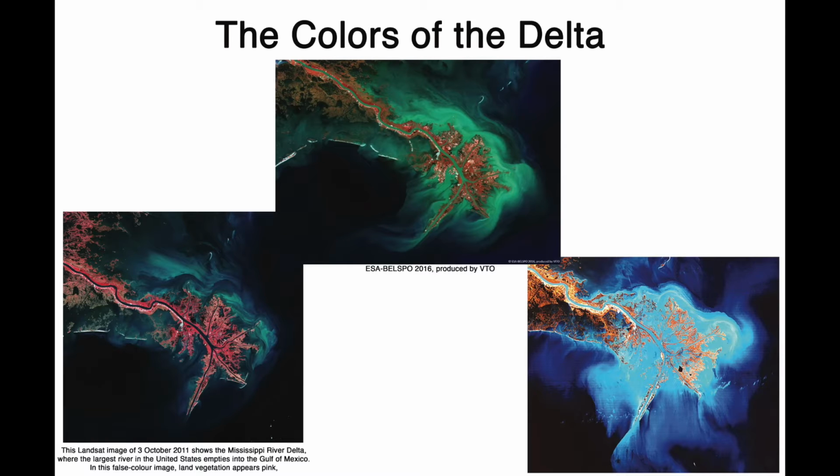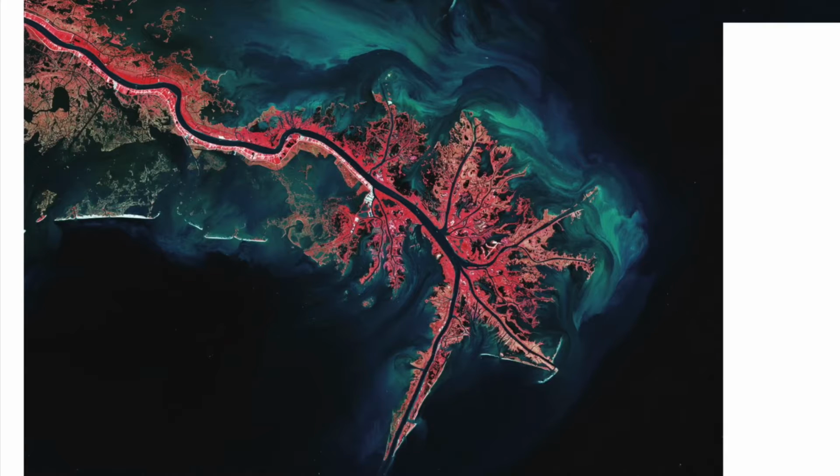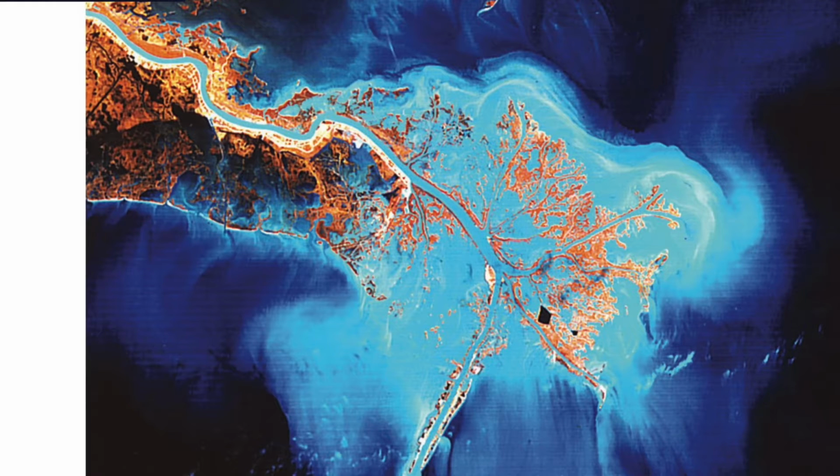In some of the pictures, the land is red and the water is green or blue, or the land is orange. So I want you to think about that and how we're going to use those colors as contrast colors. That means that the colors are bright when they're next to each other.